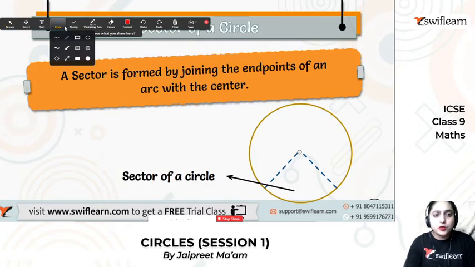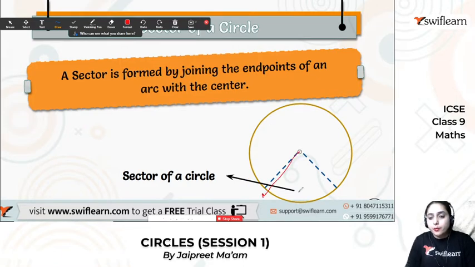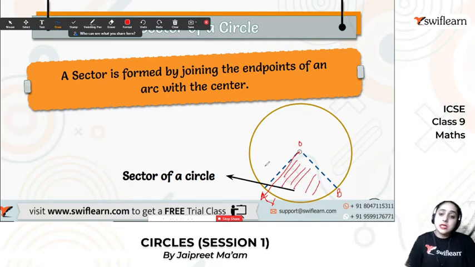So everyone likes to eat a cake. So this is a cake and this is a piece of a cake. This is the center and we are cutting a portion of the cake. This is known as the sector. So it's very easy to remember. Just remember a piece of a cake.